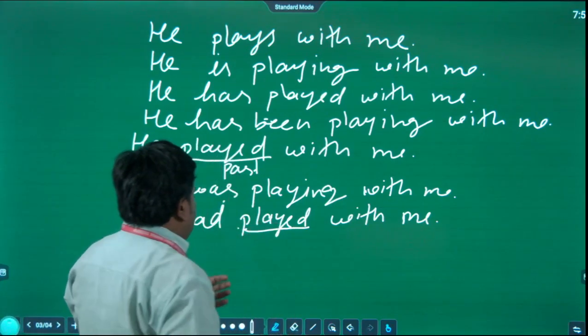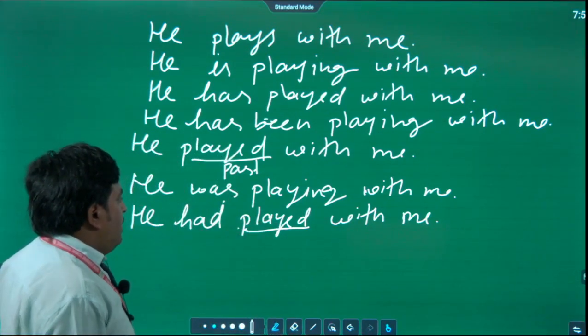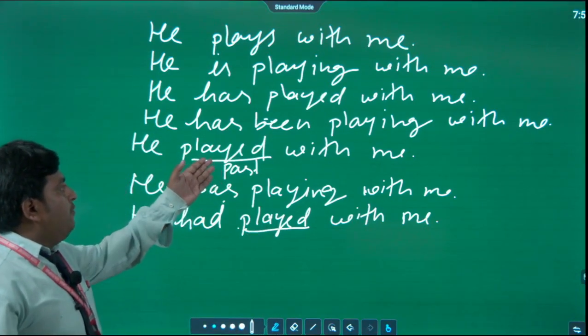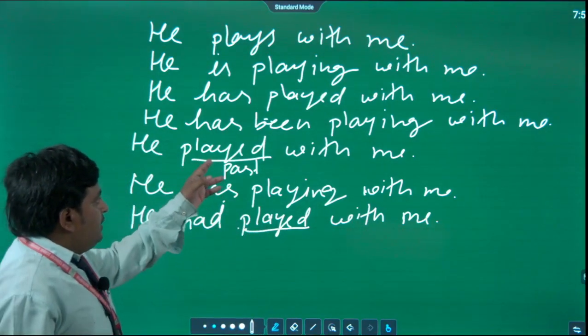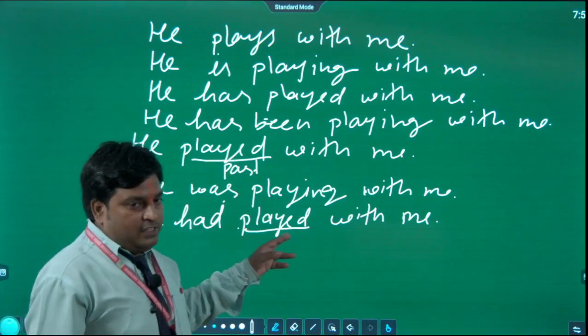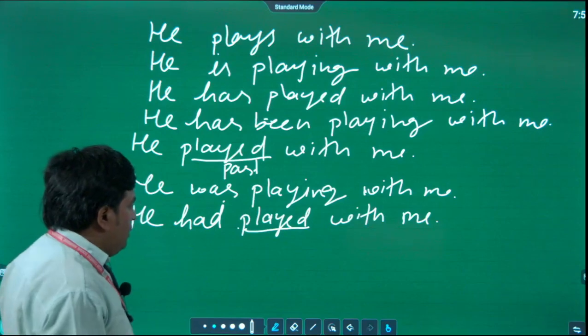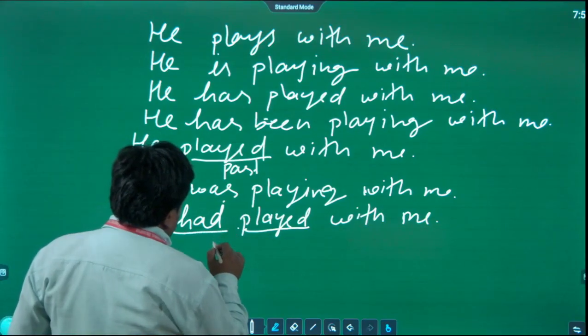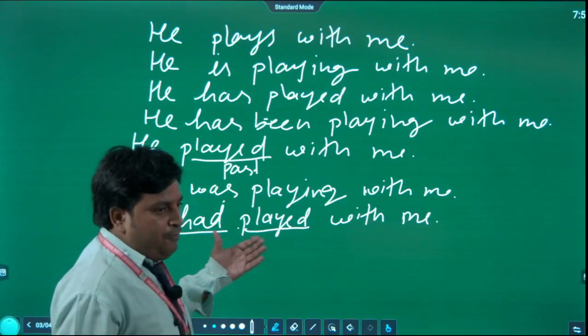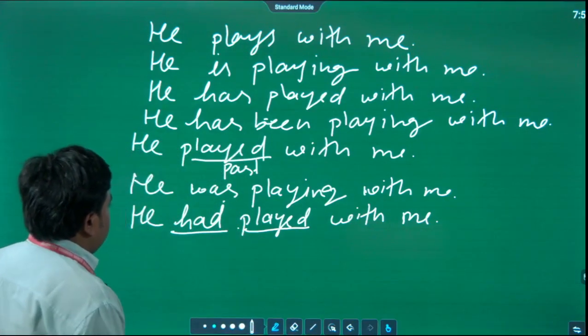You can see just like here the second form of the verb is known as past form, and this is known as past participle, the third form of the verb, because here had is used as helping verb, which shows that this is the perfect form of the verb.